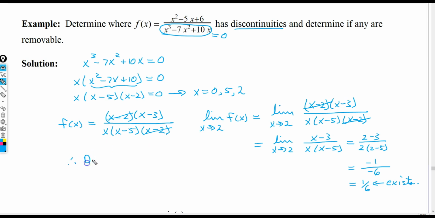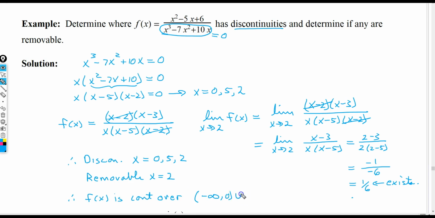So therefore your discontinuities are at, and the removable discontinuities are when x is 2. And so this function up here is going to be continuous over these intervals. So these are the intervals over which the function f is continuous.